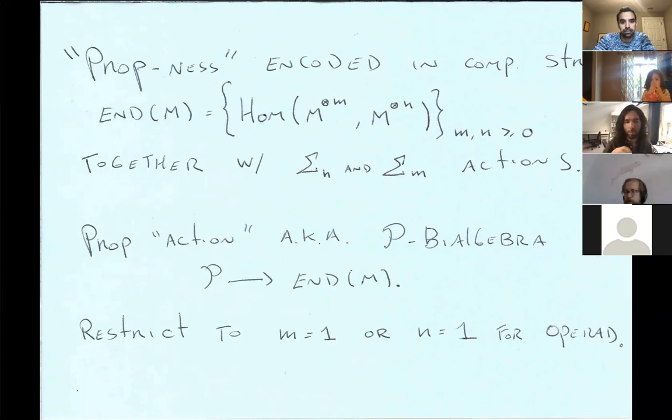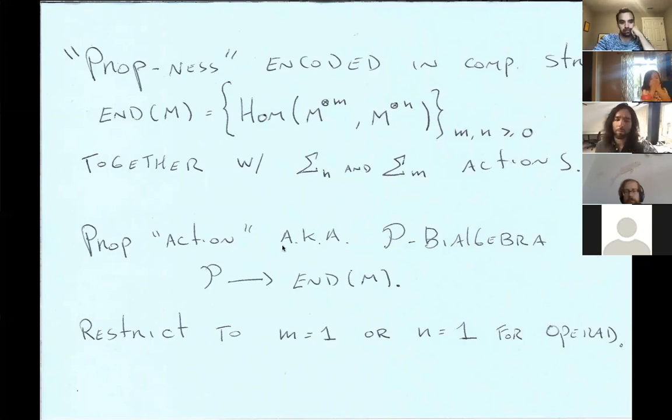So the compositional structure is what we're trying to abstract here, but we can also see that there are natural symmetric group actions. We act on the domain with sigma M, and we act on the target with sigma N. So that is the complete structure that we are going to be considering: multiple inputs and multiple outputs.